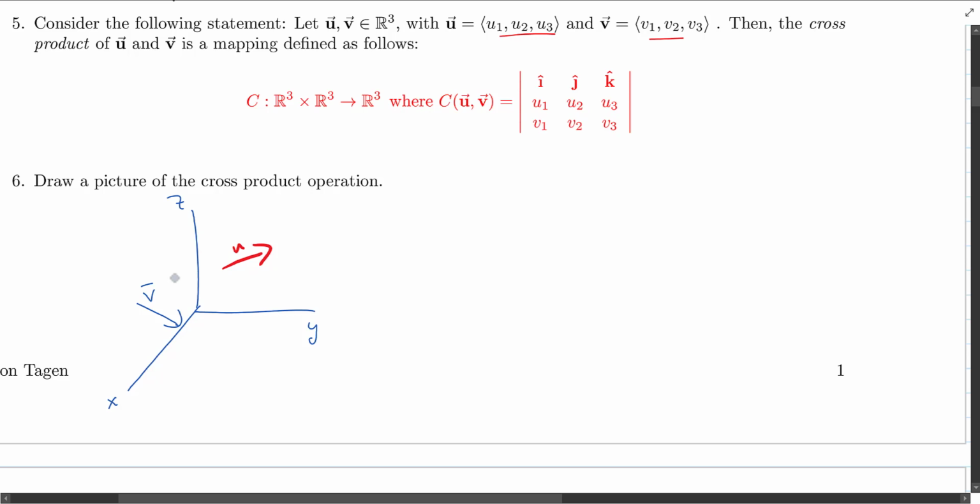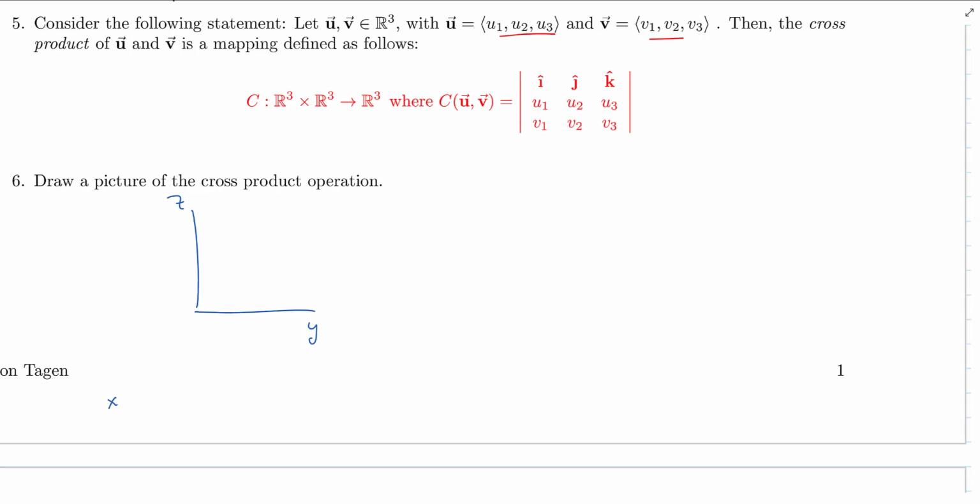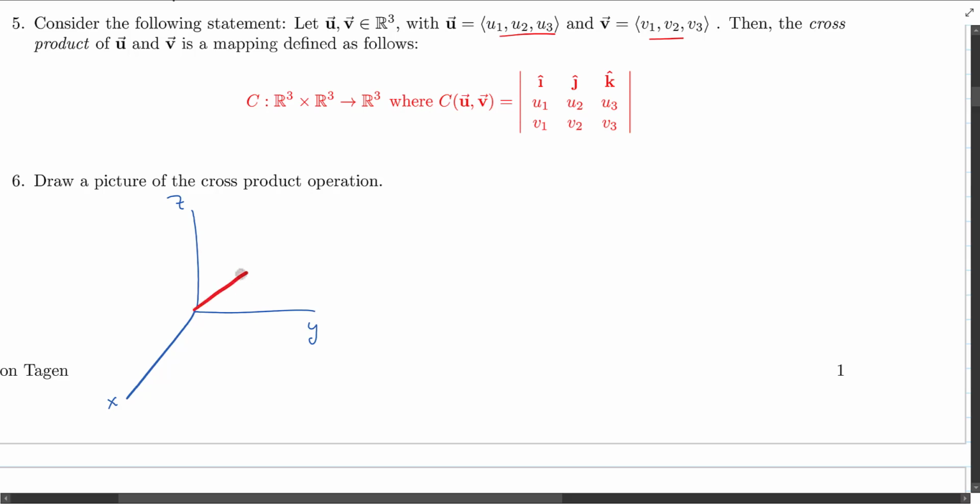Since I gave them as component functions, they really need to be position vectors. So let me draw, let's say here we have u, and here we have v. And the cross product of the two of these gives me a new vector in R3.